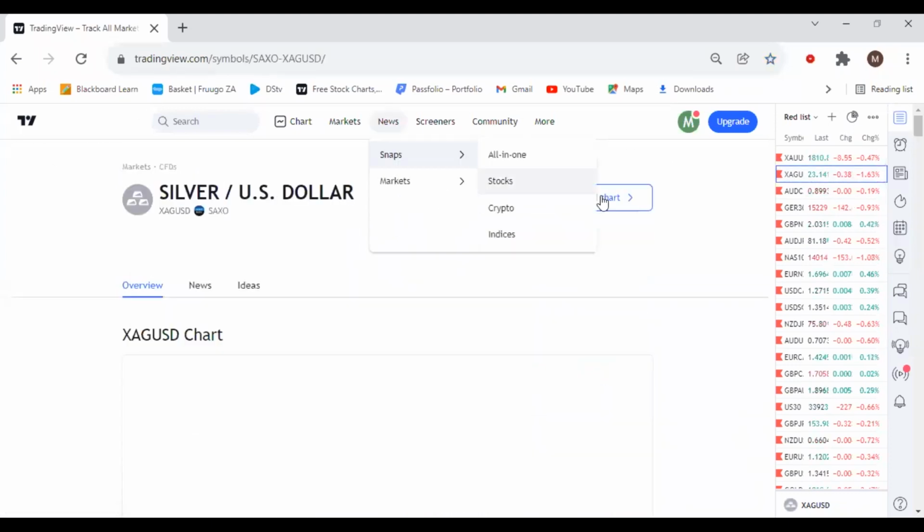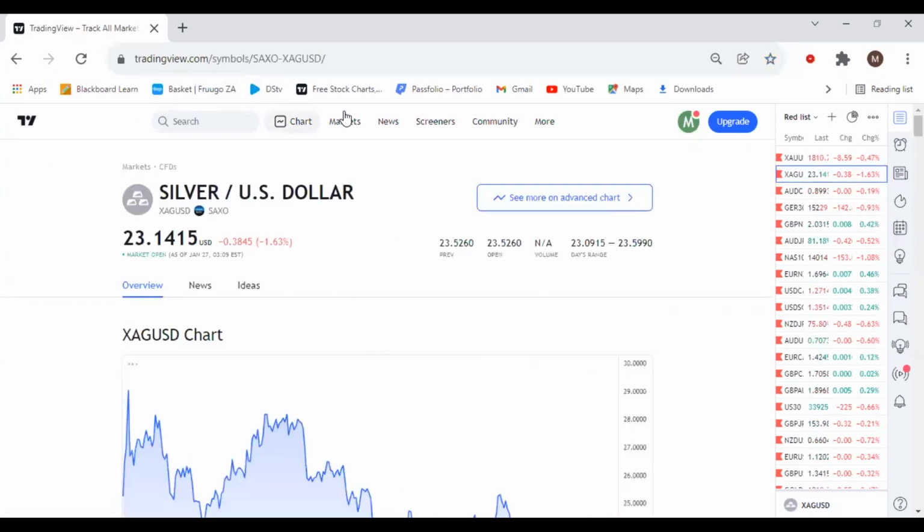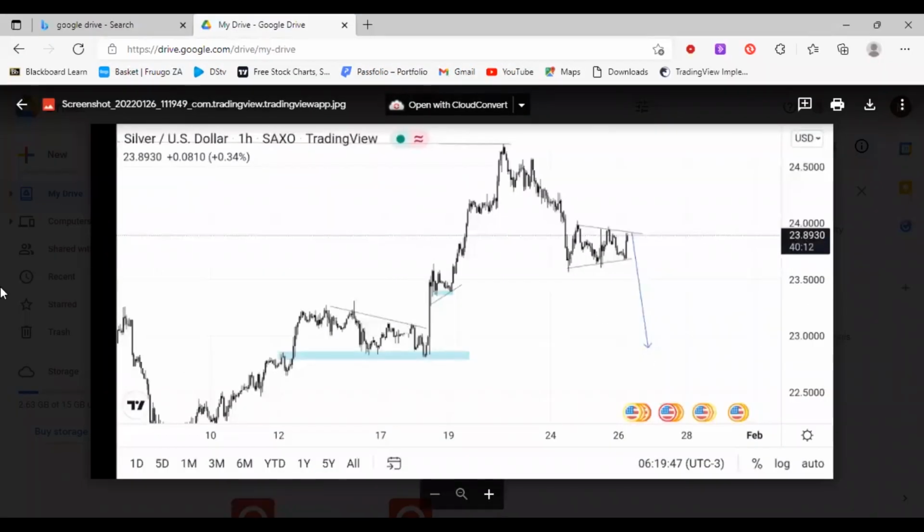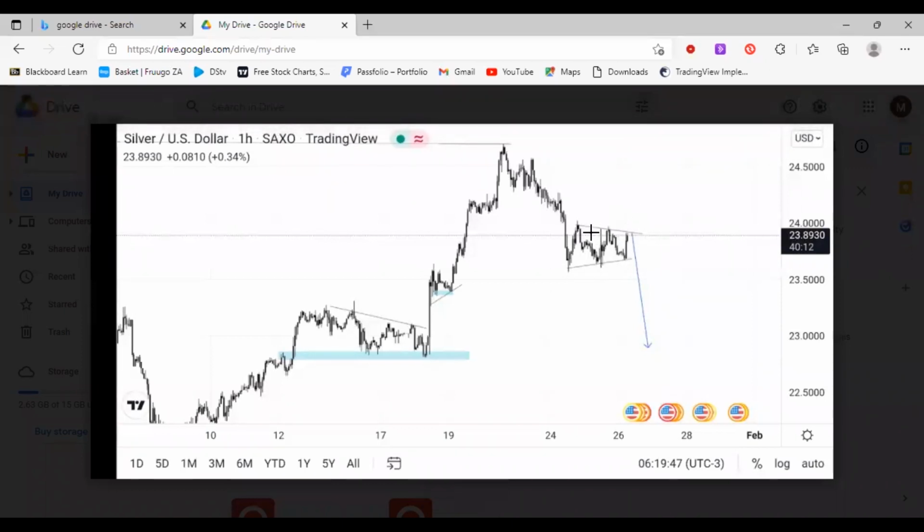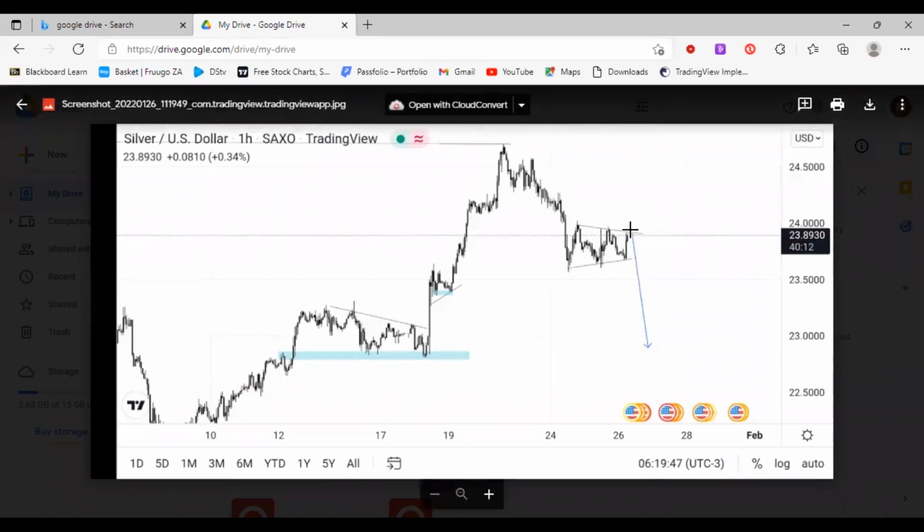Just before I start analyzing, I want to show you my setup for silver before it played out. I'm sharing a file from my Google Drive. This is the setup that I had. As you can see, we had a very good bearish flag right here with a simple 1 2 3 touch formation to the downside.